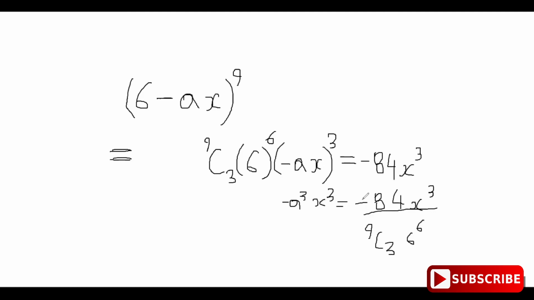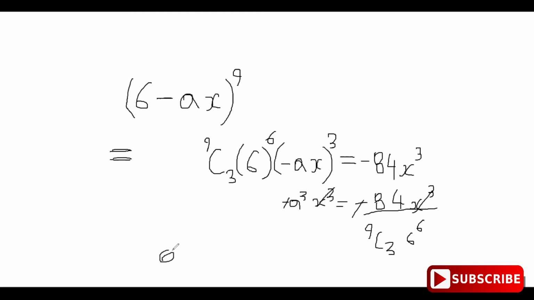So we divide both sides by 9 choose 3, 6 to the 6. Now the negative here cancels the negative here, and the x cubed cancels the x cubed. And so we get that a cubed is equal to 84 over 9 choose 3, 6 to the 6.